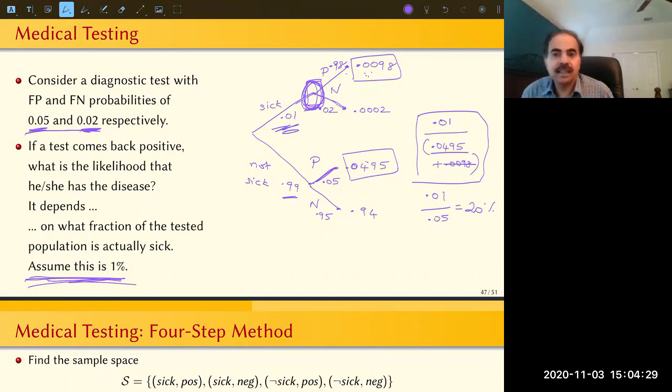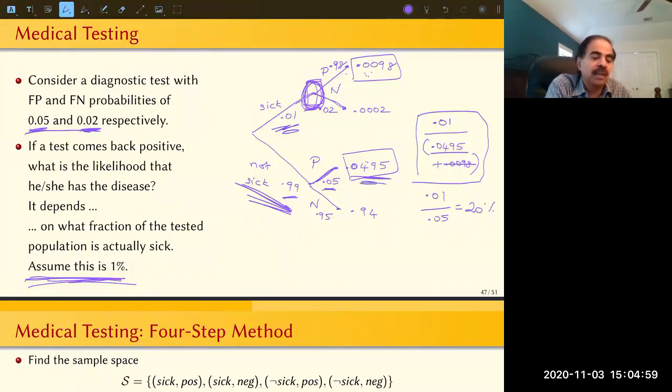Because of that, the vast majority of the people who are tested, 99% of them, are really not sick. And as a result, even a relatively small false positive rate of 5%, because such a vast majority of the people being tested are not sick, you end up producing a relatively high score over here, right?